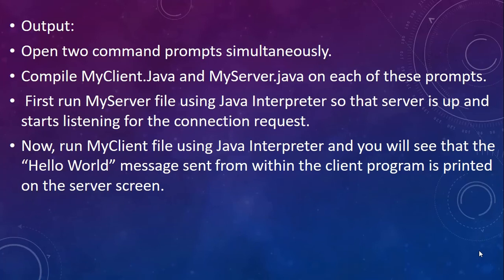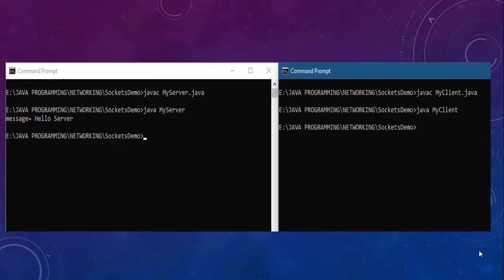Once you run myclient, you will see that the hello world message or hello server, whatever message is sent from the client program, is being printed on the server screen. So this is the output. I have opened two command prompts. First, using javac, I compiled my server.java.